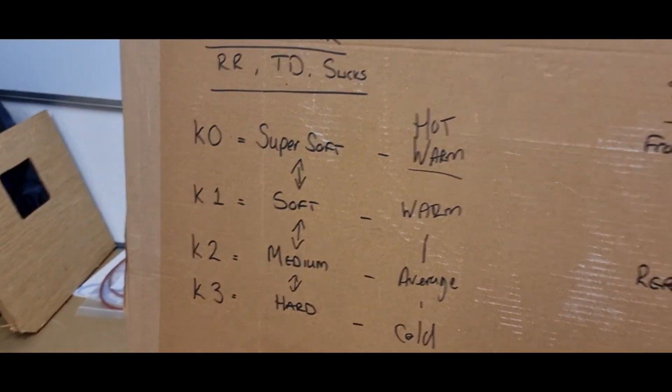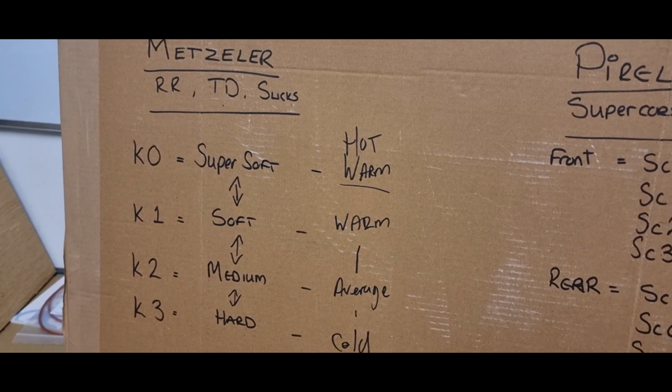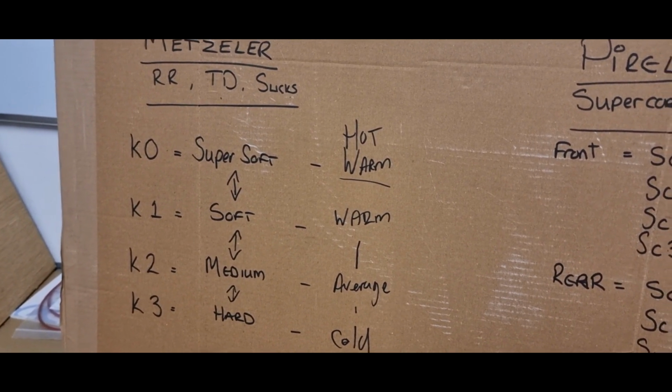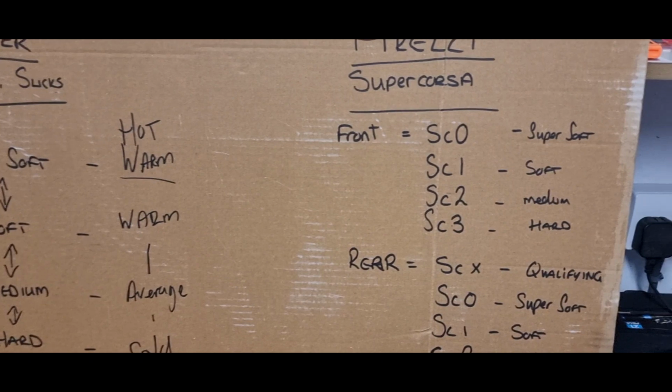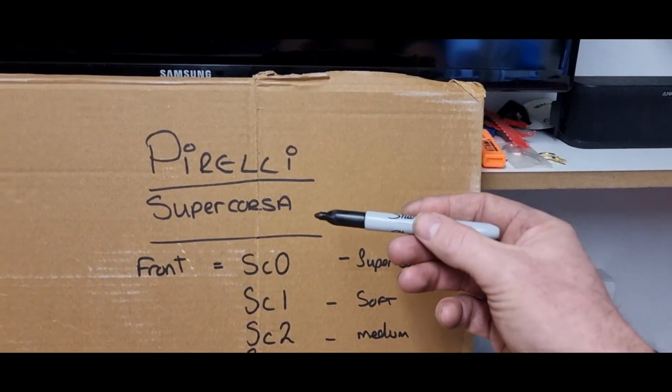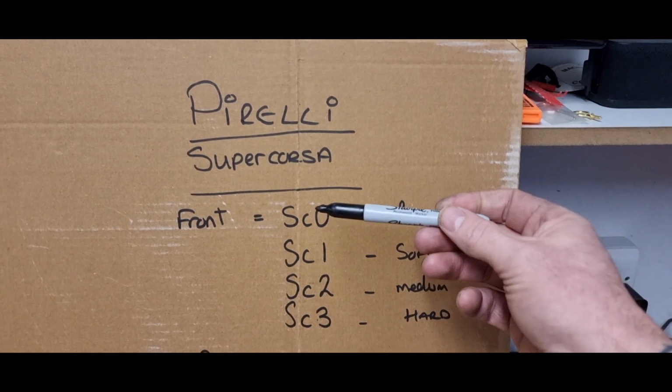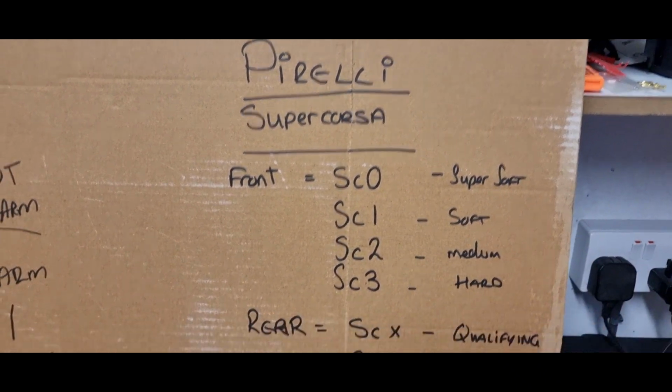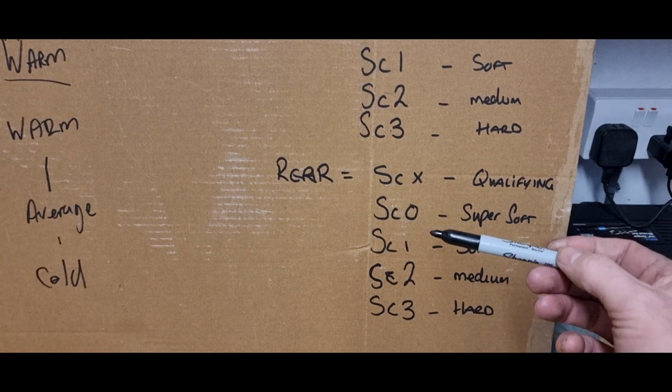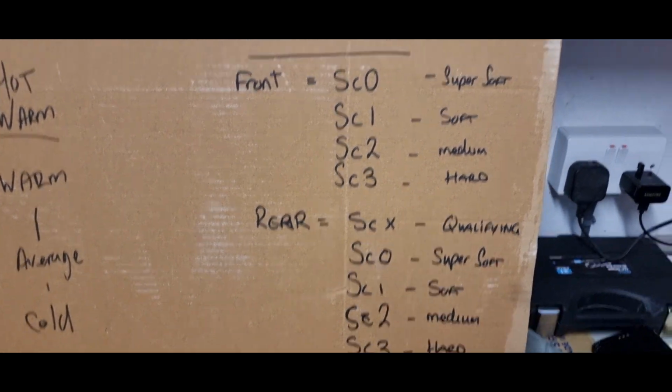Now when it comes to Pirelli, a totally different concept of their tyres. Now I've got Pirelli Supercorsas. Your fronts, you've got SC0, 1, 2, 3, and your rears, you've got an SCX, 0, a 1 and a 3.